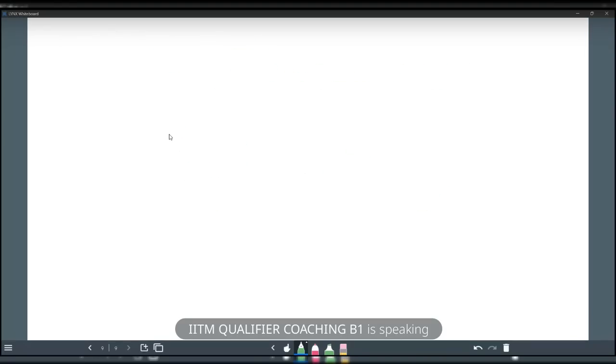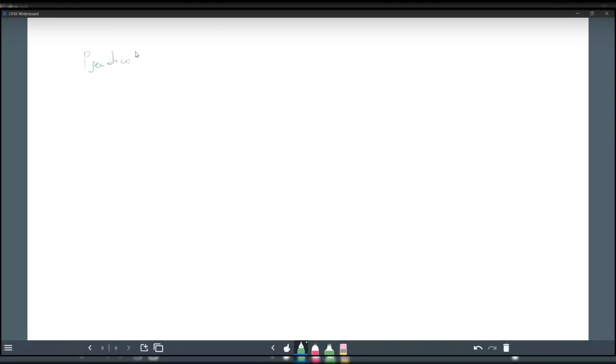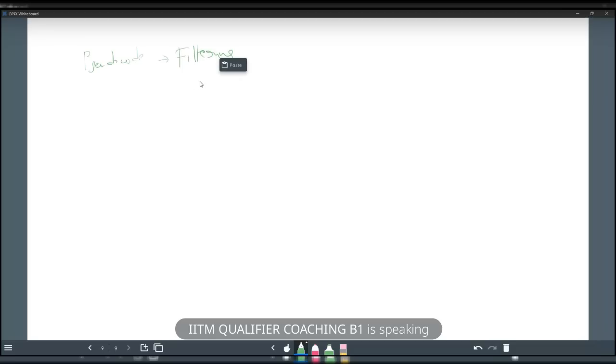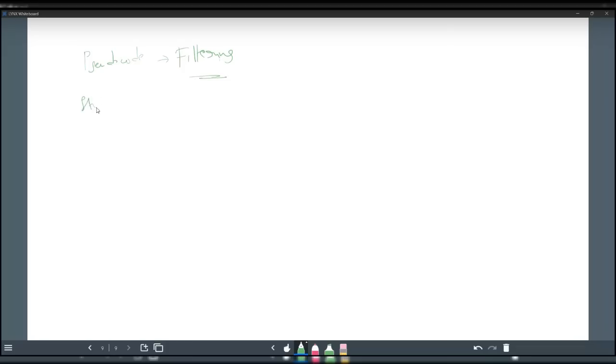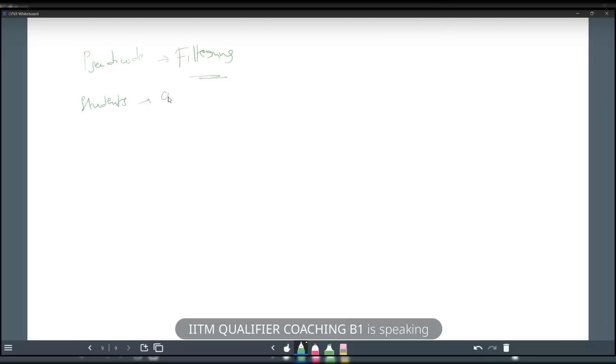Now the final topic of the day is pseudocode with filtering. Okay, so let us take that we want to find out the students from Chennai. There is no gender consideration, only students. Please remember this example.